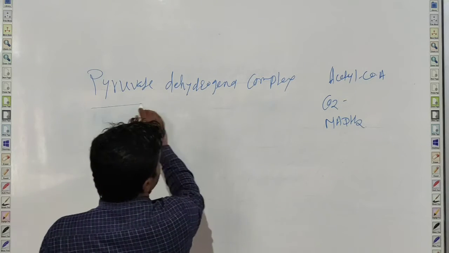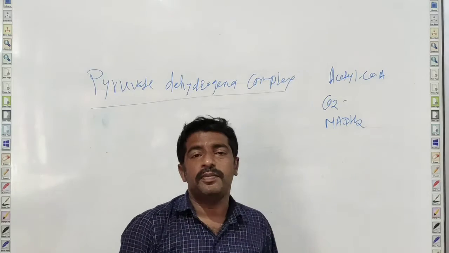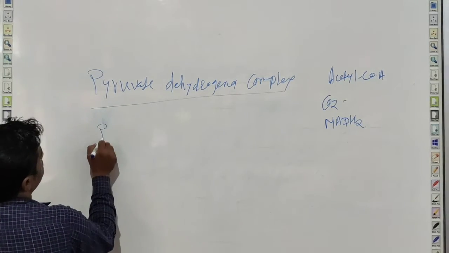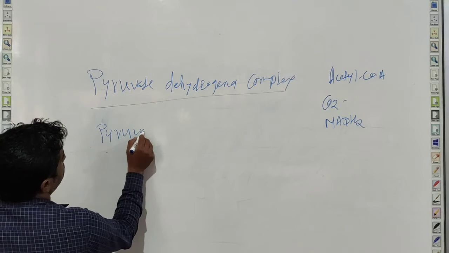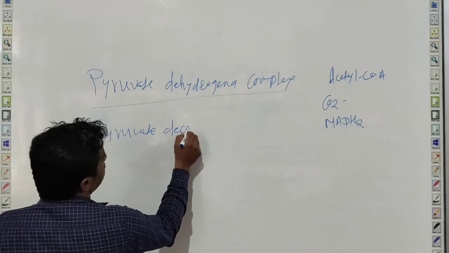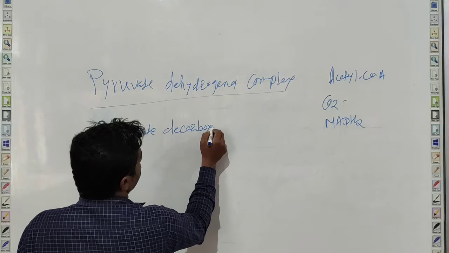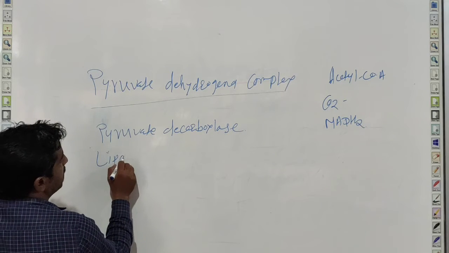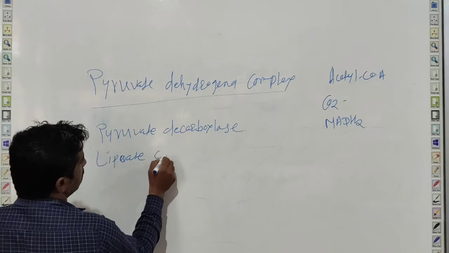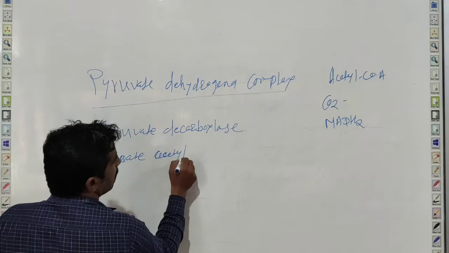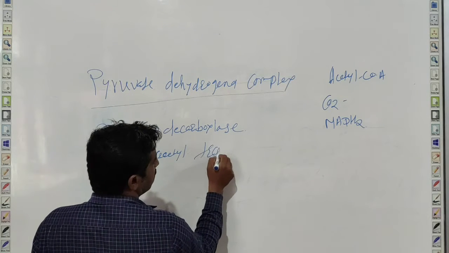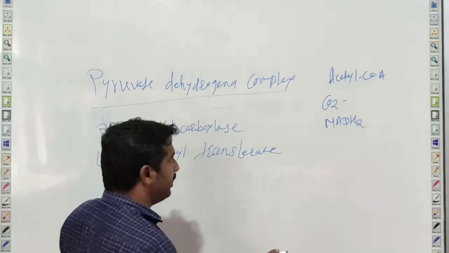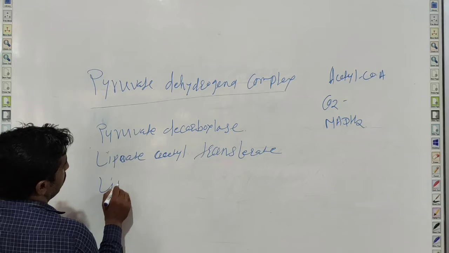Now this complex is again made up of three polypeptide chains, and these are pyruvate decarboxylase, lipoate acetyl transferase, and the last one is lipoate dehydrogenase.